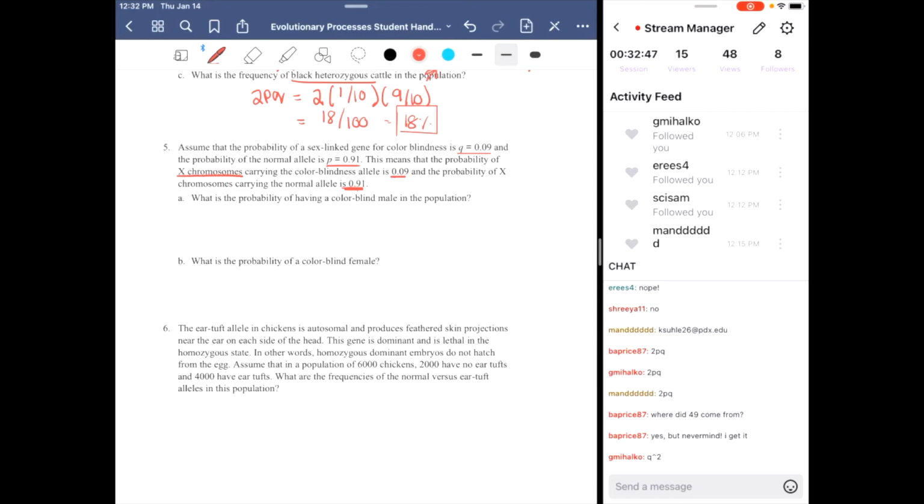So this question A is asking, what is the probability of having a colorblind male in the population? So for this question, we need to remember that males only have one X chromosome, whereas women have two. And because colorblindness is a sex-linked gene that's only found on the X chromosome and not on the Y, the males are going to have a 0.09 probability.